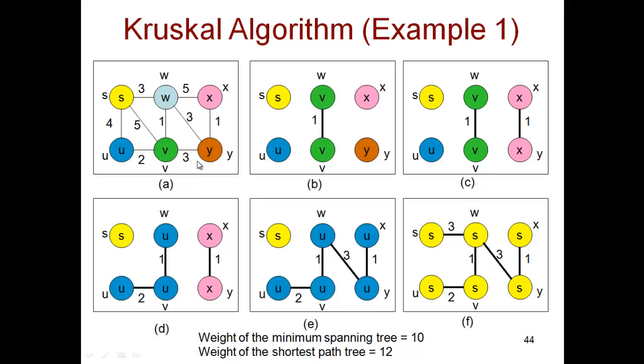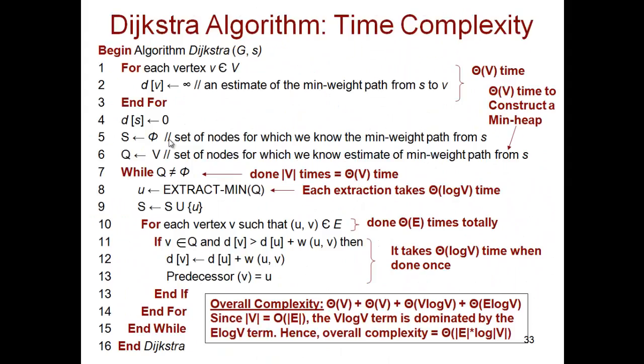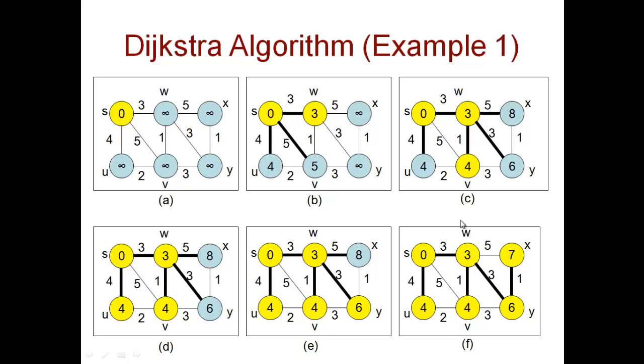Now, this is the same graph we used earlier for Dijkstra's algorithm, and if we run Dijkstra's algorithm, we get the shortest path tree, starting from a particular source, of course, which is S. If you sum up all the edge weights of the shortest path tree starting from the source, it happens to be 12.